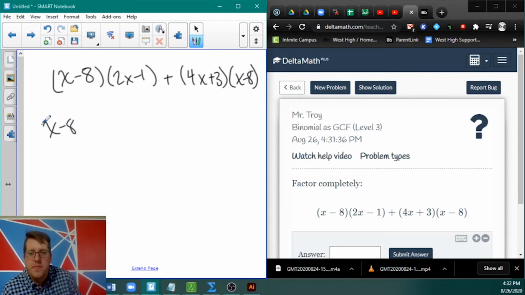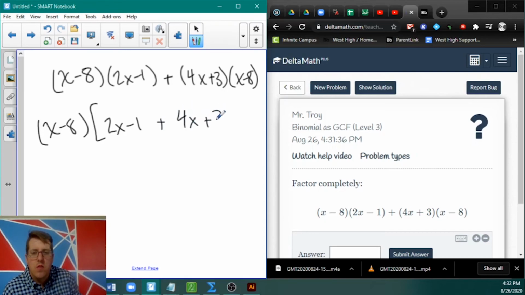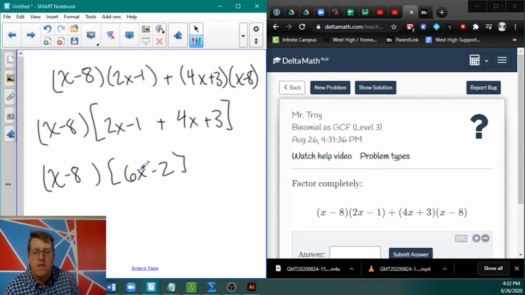X minus 8. And I'm going to be left with 2x minus 1 plus 4x plus 3. That's going to give me x minus 8 times 6x minus 2. I guess I could use regular parentheses. Doesn't really matter. And I can factor 2 out of that. So 2 times x minus 8 times 3x minus 1.